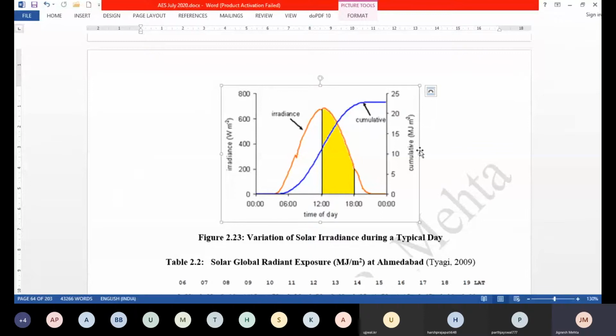So as you can see, what could be the range in which it is available, and the cumulative value is the energy value, right?